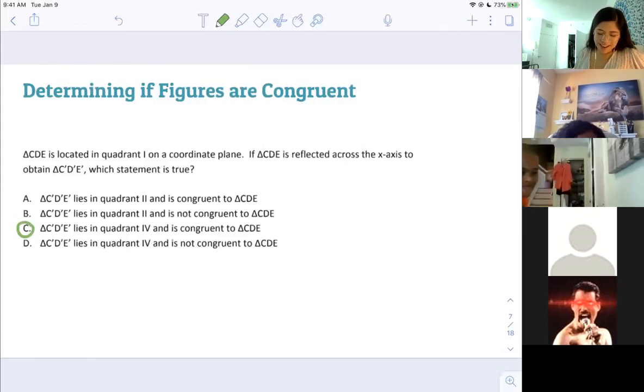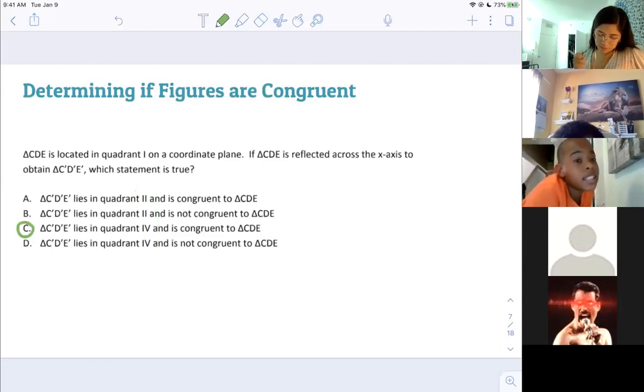Okay, but if you weren't sure which quadrant it ended up at, what else could you eliminate? A and D. Why would you eliminate those?